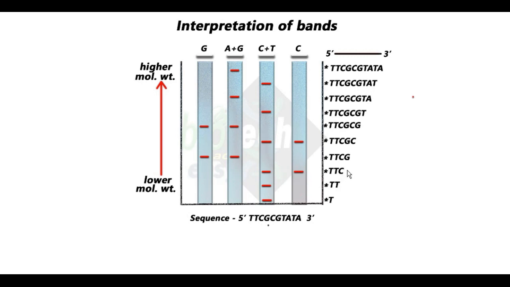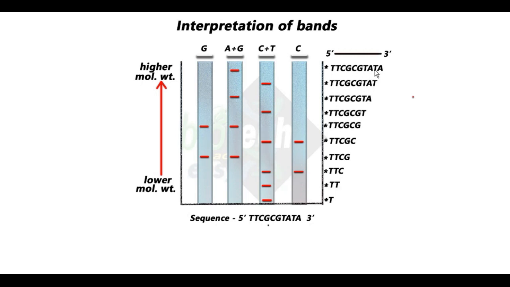Then this was a little higher molecular weight, having 4 nucleotides. So here you see TTCG. So that's how the size will be increased, and you see from 5' to 3' this is the sequence of the single stranded DNA. This one.